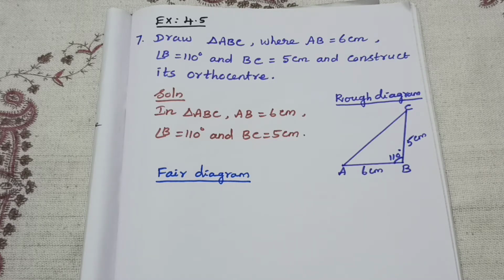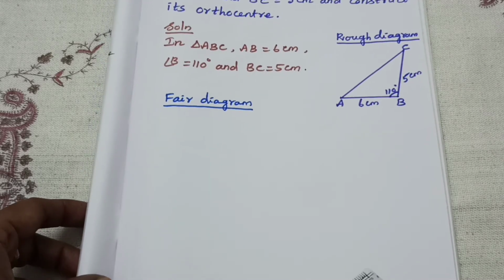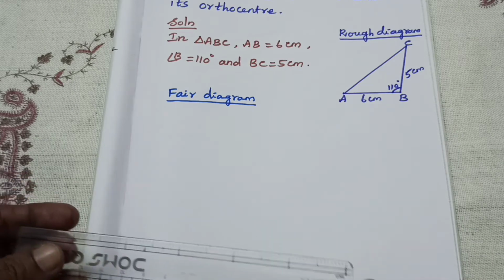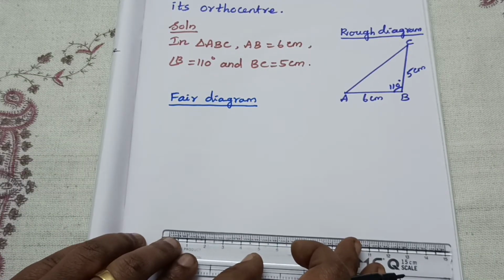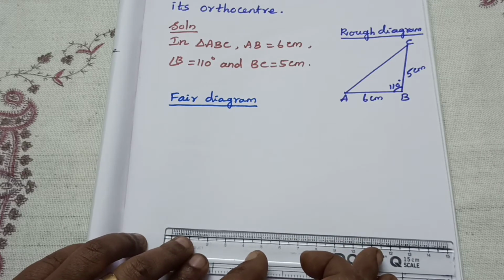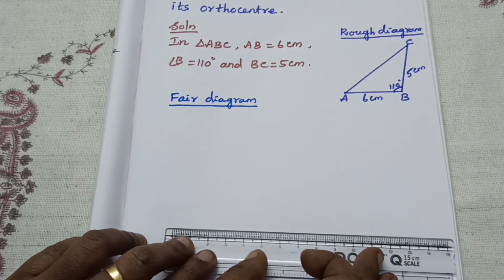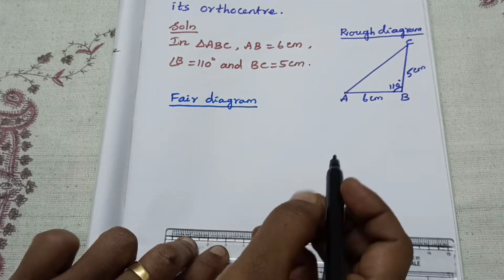Here AB is equal to 6 cm, isn't it? So we have to draw 6 cm.